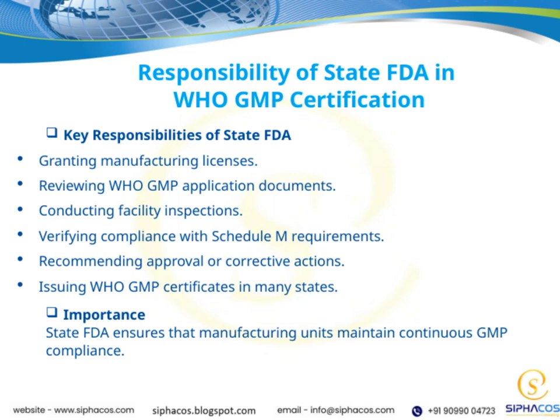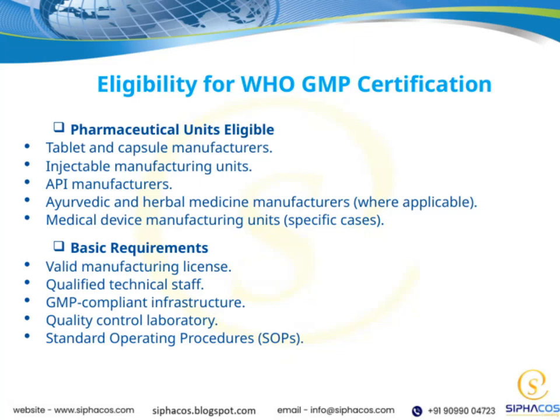The importance of this role cannot be overstated. The state FDA ensures that manufacturing units continuously comply with GMP standards. This ongoing oversight is vital to maintaining the quality and safety of pharmaceutical products throughout the supply chain, ultimately protecting public health.